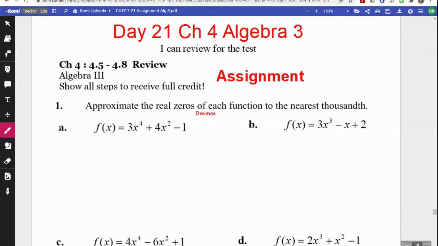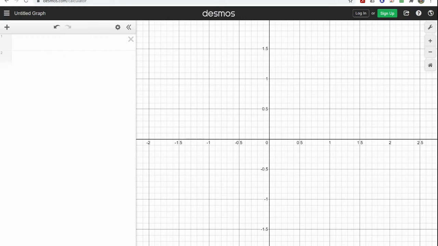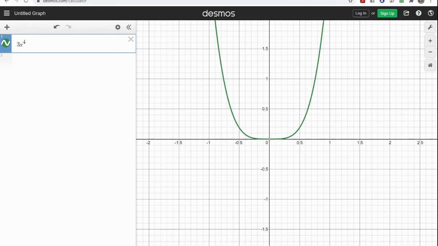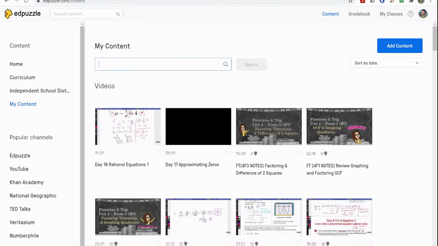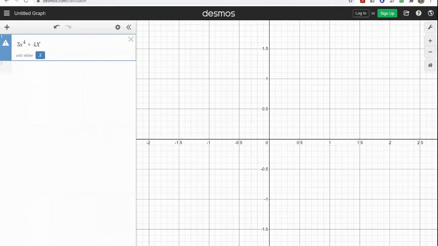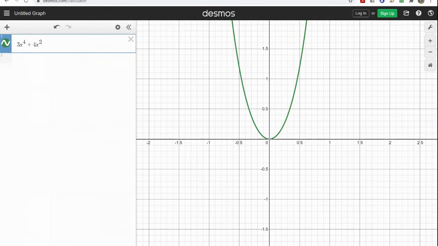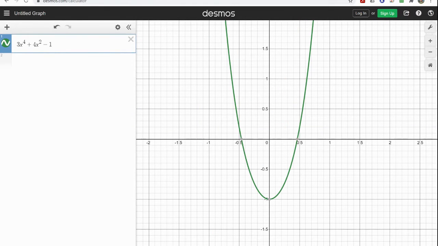We see in the first portion here, approximate the real zeros of each function to the nearest thousandth. So I'm just going to put them in Desmos, and I'll do part A. 3x to the 4th, 4x squared, minus 1.